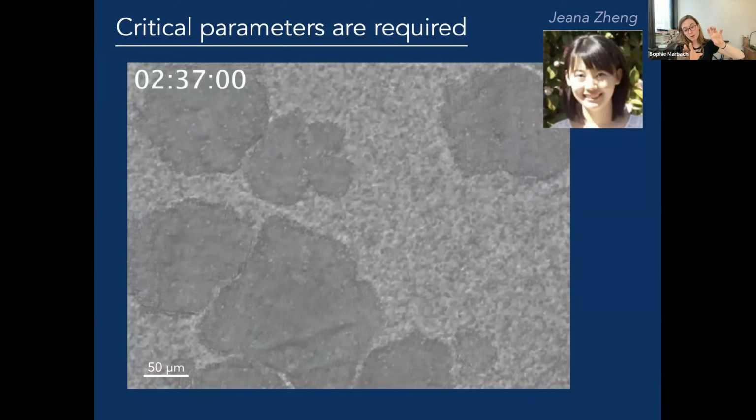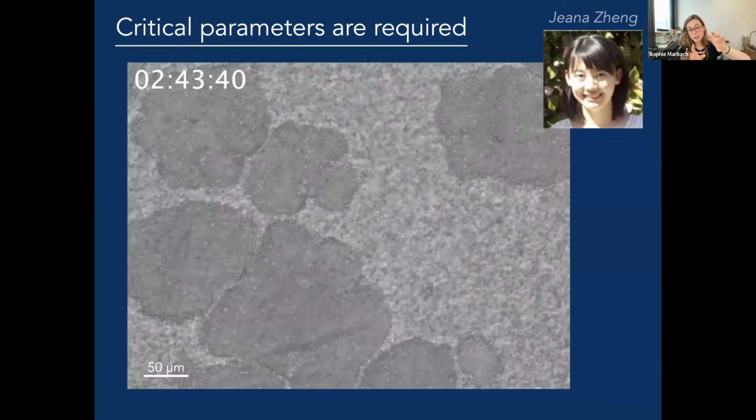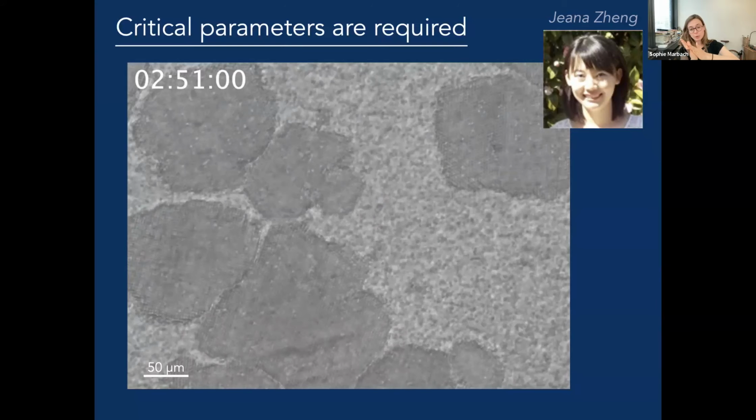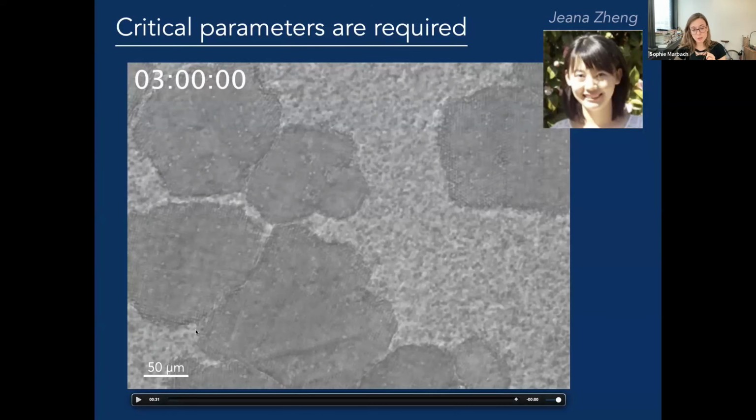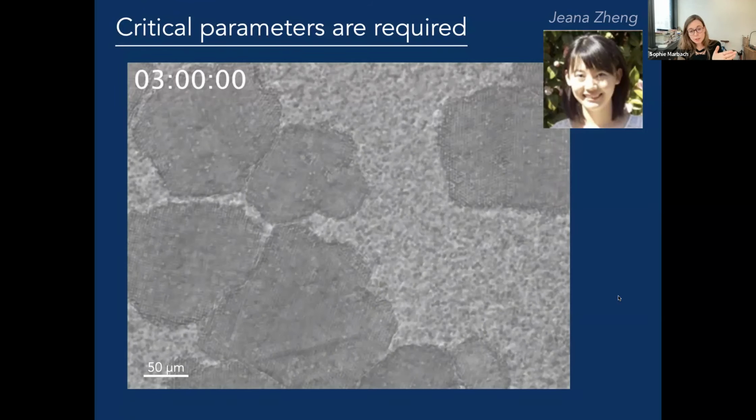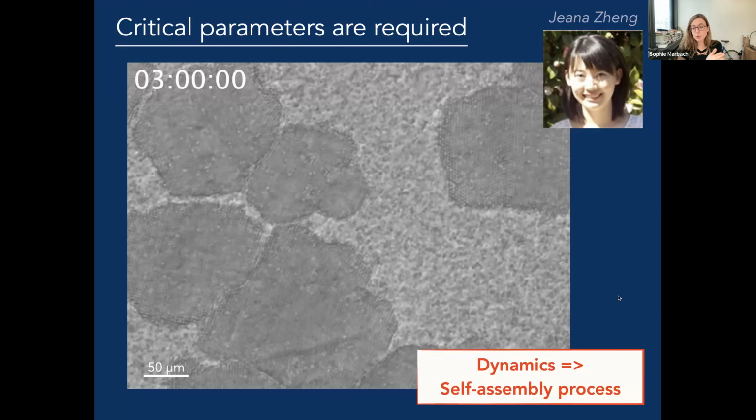especially you can imagine that if the bonds are too sticky, then you won't be able to heal this discrepancy between the two lattices. So critical parameters are required to form long-range alignment, and in fact, we don't really know how to be quantitative in which parameters we choose and why.